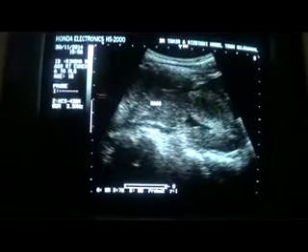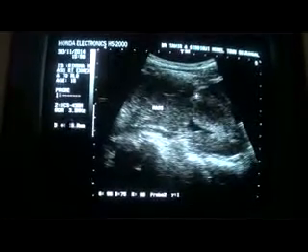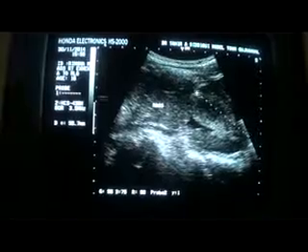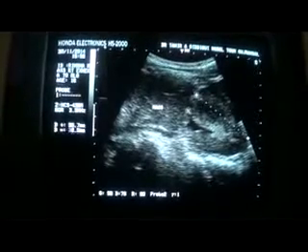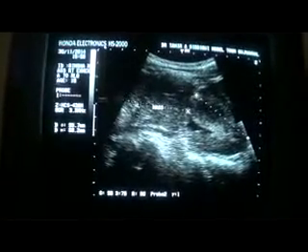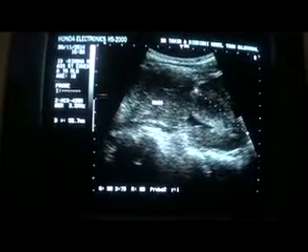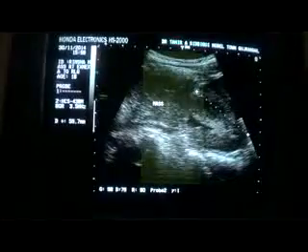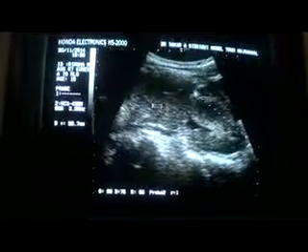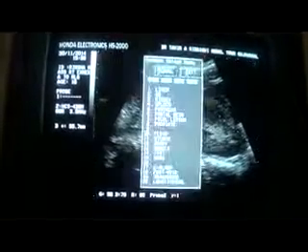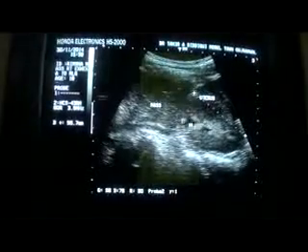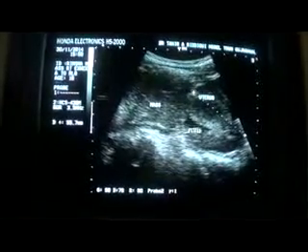Now this is the uterus, and from here this is the mass, which extends further, so I will not take the dimension. And this is the fluid that we were initially seeing in the pelvic cavity.